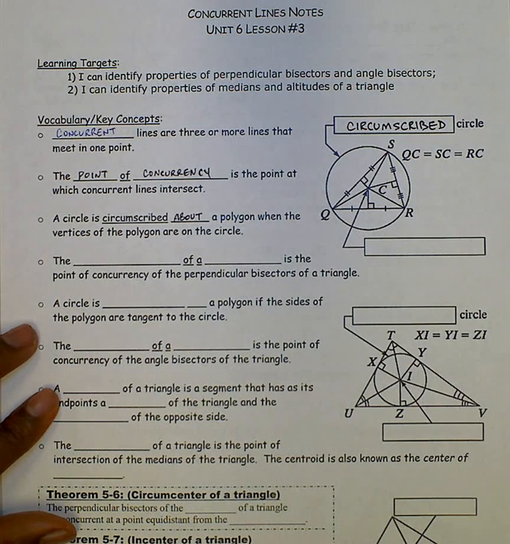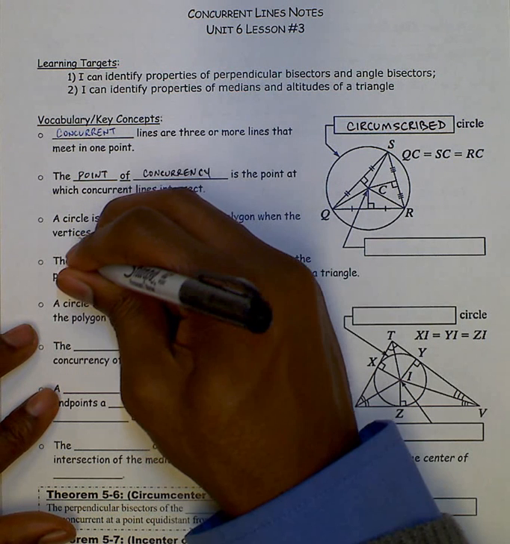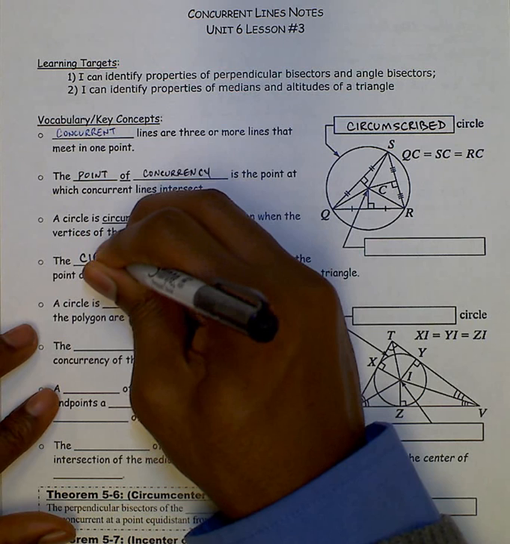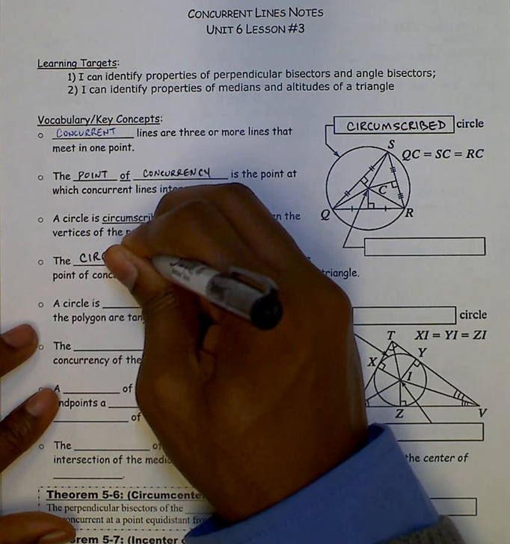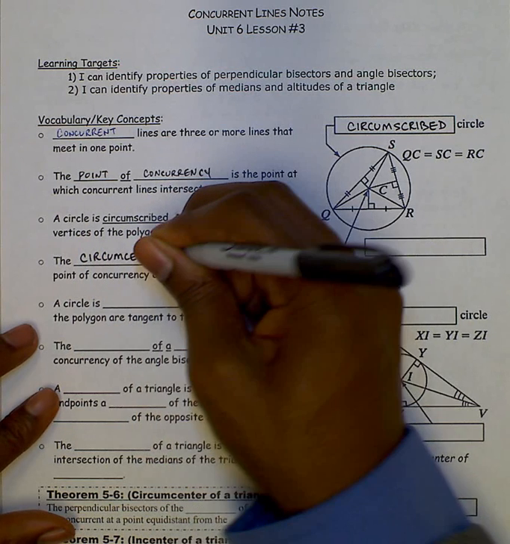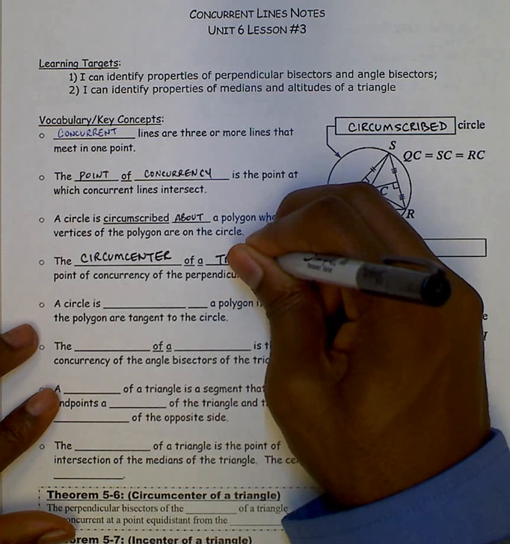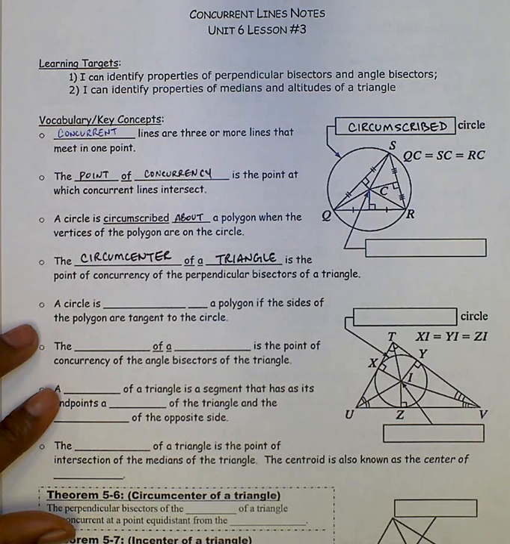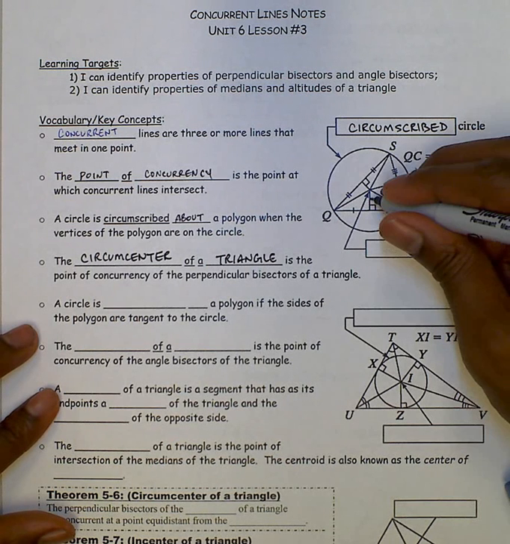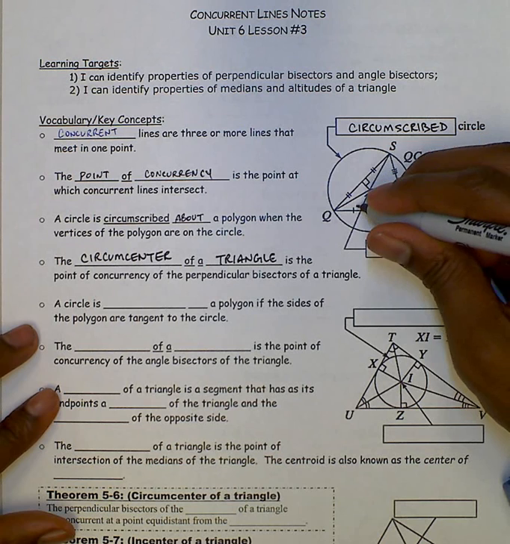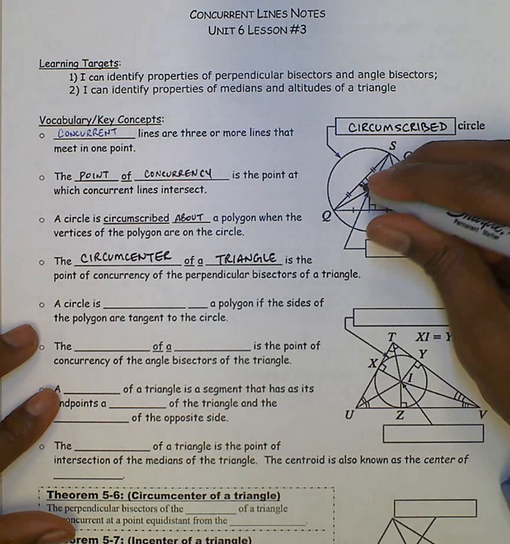Okay. The circumcenter of a triangle is the point of concurrency of the perpendicular bisectors of a triangle. So here we see that these lines are perpendicular bisectors: perpendicular, cuts in half; perpendicular, cuts in half; perpendicular, cuts in half.